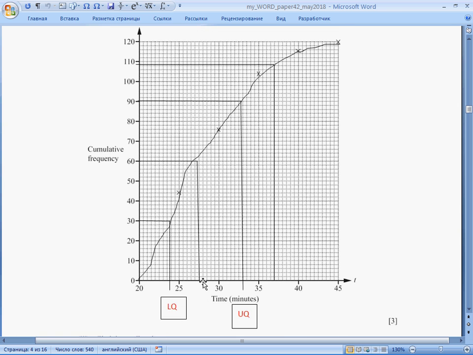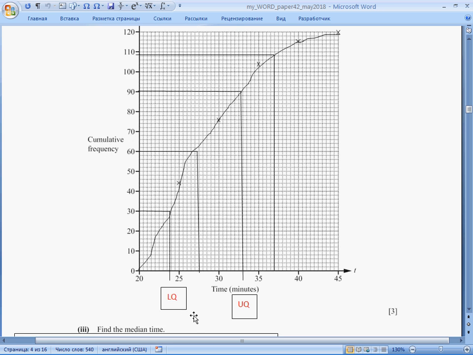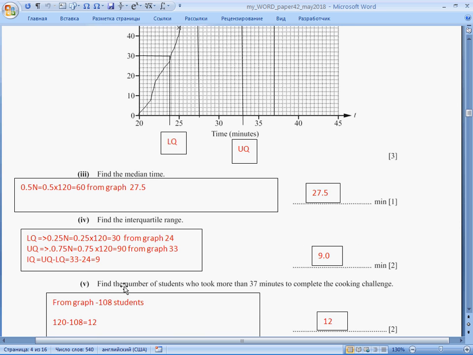The upper quartile, 75% of students is 90 students, so the value will be 33, and the lower quartile is 25% of students, it is 30, and the value is 24. And the interquartile range is the upper minus the lower quartile. So we subtract and we get 9.0.